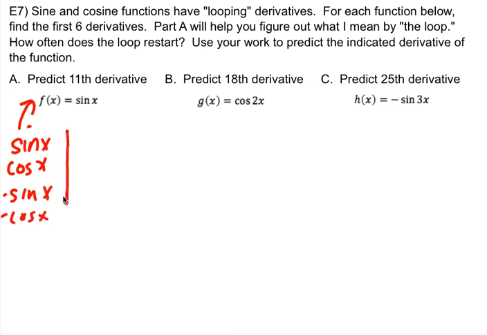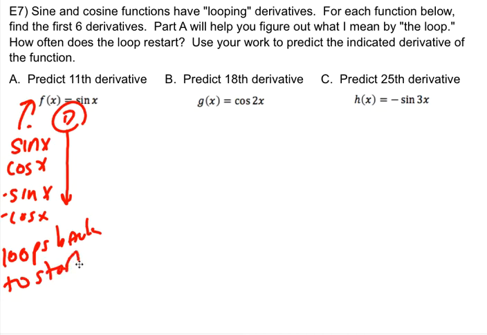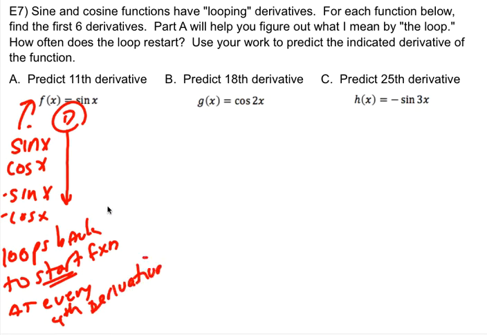And so this is down for derivative, and it loops back to whatever the starting function was. So here it was sine, but it doesn't have to be sine. It loops back to the start function at every 4th derivative, so the 4th derivative, the 8th derivative, the 12th derivative. So once you realize that, it's actually not impossible to predict what the 18th derivative is going to be.